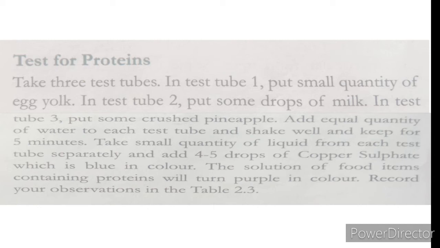Next add an equal quantity of water to each test tube and keep for five minutes. Then take a small quantity of liquid from each test tube separately and add four or five drops of copper sulfate, which is blue in color. The solution of food items containing proteins will turn purple in color. Also record all these things in your copy, what you get in the test for proteins.